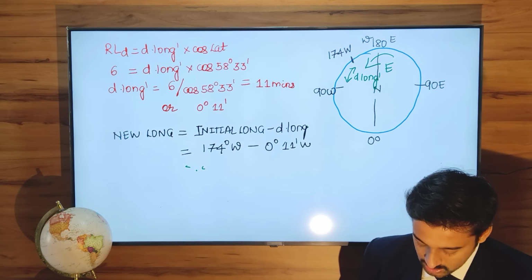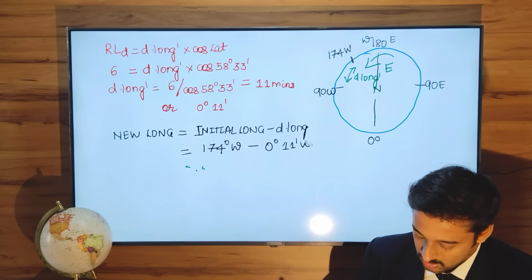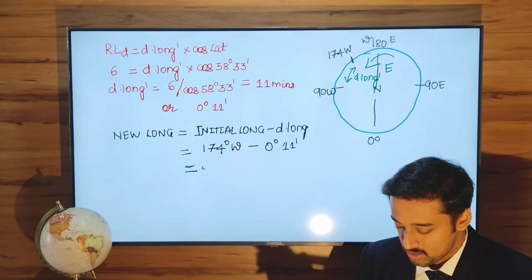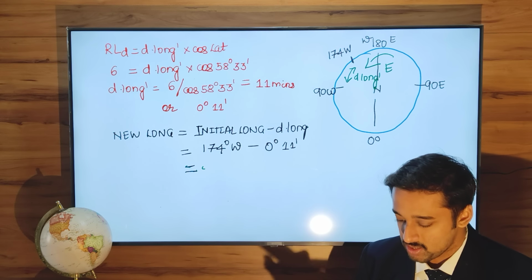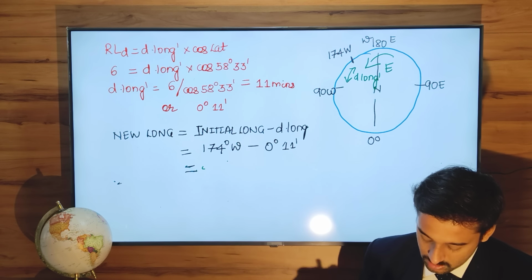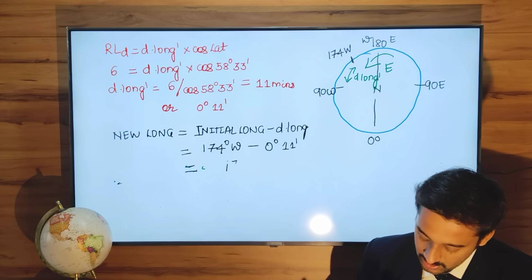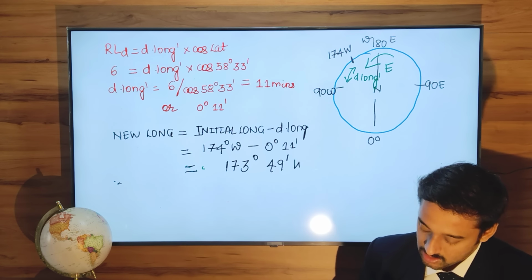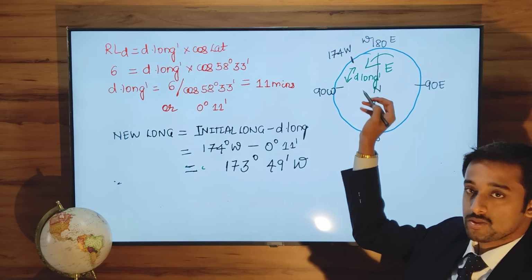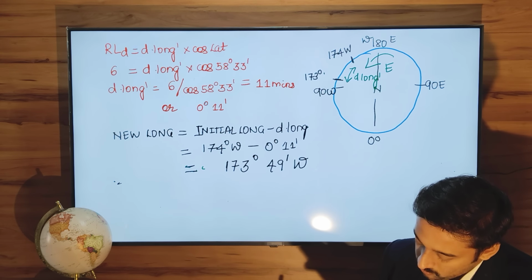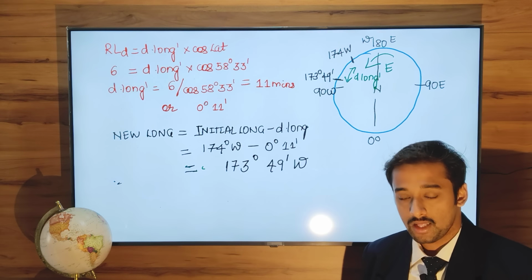So the new longitude will be 174 degrees minus 0 degrees 11 minutes, which is 173 degrees 49 minutes west, since we are in the same hemisphere. So our new longitude will be 173 degrees 49 minutes western longitude.